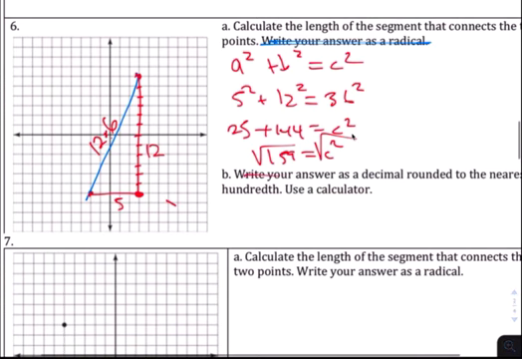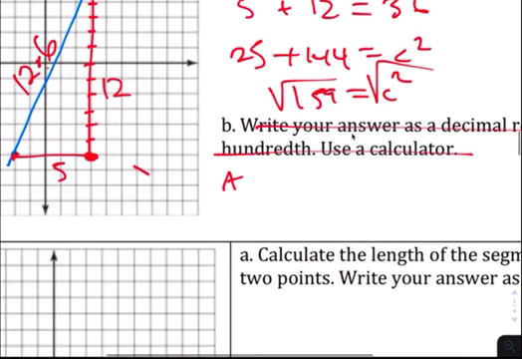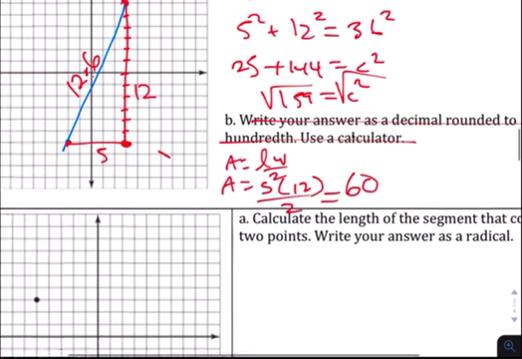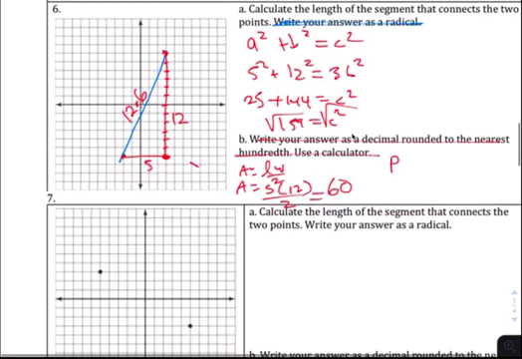Okay, and then B says on your paper find area and perimeter. Area equals length times width divided by 2. Area equals 5 times 12 divided by 2. Perimeter, you add all sides. 12.6 plus 12 plus 5.